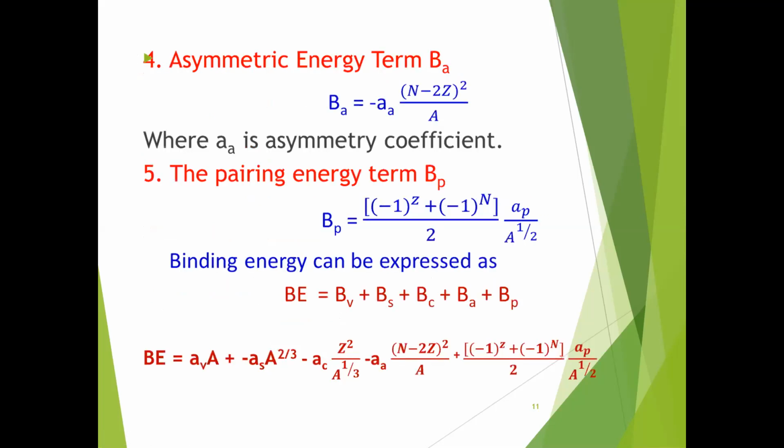And the fourth term is the asymmetric energy term Ba. This energy term arises from a quantum effect, the Pauli exclusion principle, which only allows two nucleons in each energy state. If you put Z protons and N neutrons into a nucleus, the lowest Z quantum energy levels are filled by 2Z nucleons.